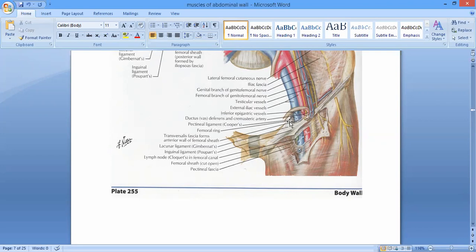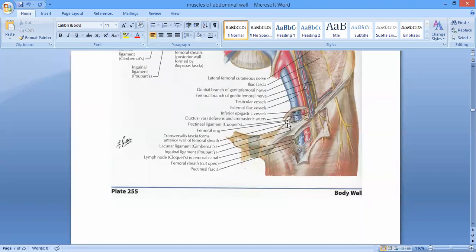It is basically representing the thickening of the periosteum of the pecten pubis. The pectineal fascia lines the pectineal surface of the pubic bone, right?